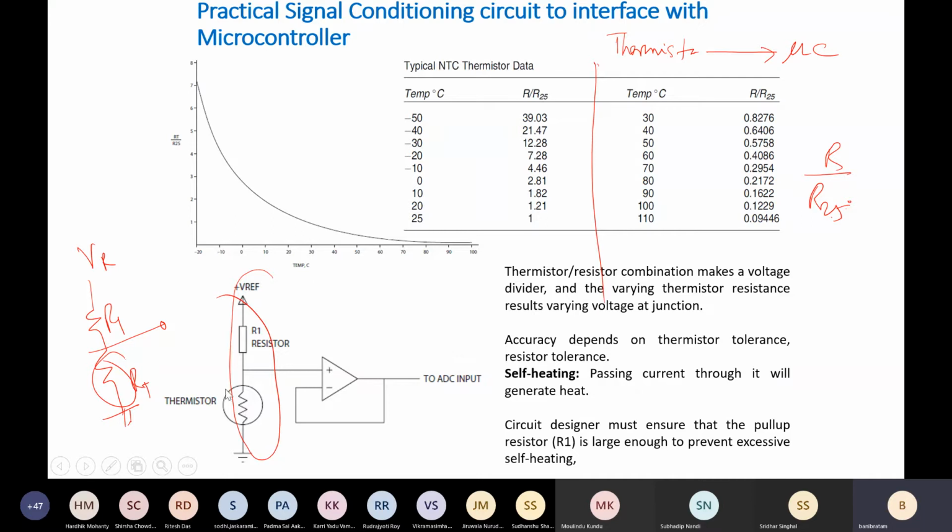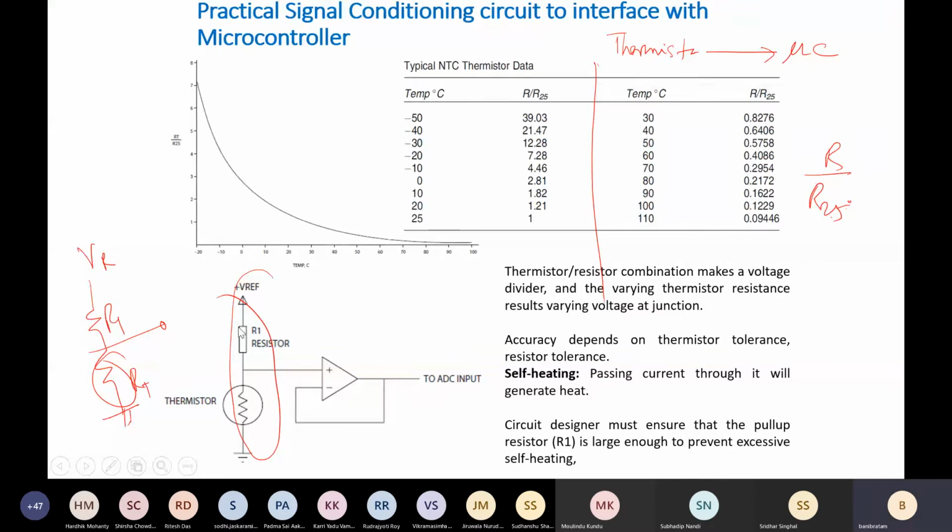In order to do that, I have used this voltage divider. But because of this voltage divider, some current is flowing through the thermistor, and additional heat is being developed across the thermistor. So suppose it is exposed to 100 degree centigrade, and because of the 100 degree centigrade, it is showing suppose 5 kilo ohm.